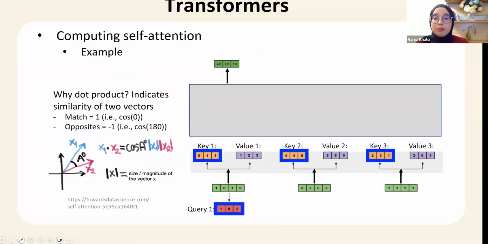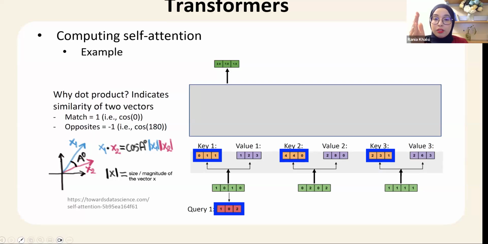This metric mainly reflects how strongly two vectors align. Values closer to one indicate a strong relationship or more relevant features.